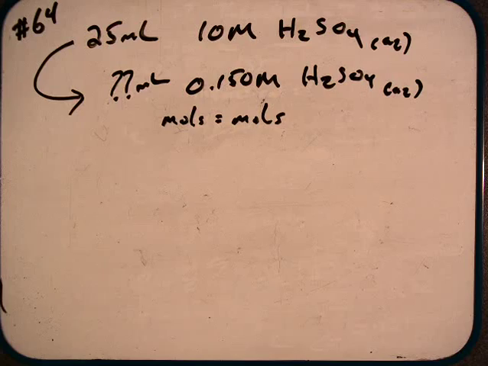We know the concentration that we want as far as its molarity. The first part of the question gives us a volume and a molarity, and so really what we need to do is relate moles. What are the moles of the original sulfuric acid solution? Because that number of moles is constant in the new solution. The only difference is that we've added more water to the solution to dilute it, to make it less concentrated.